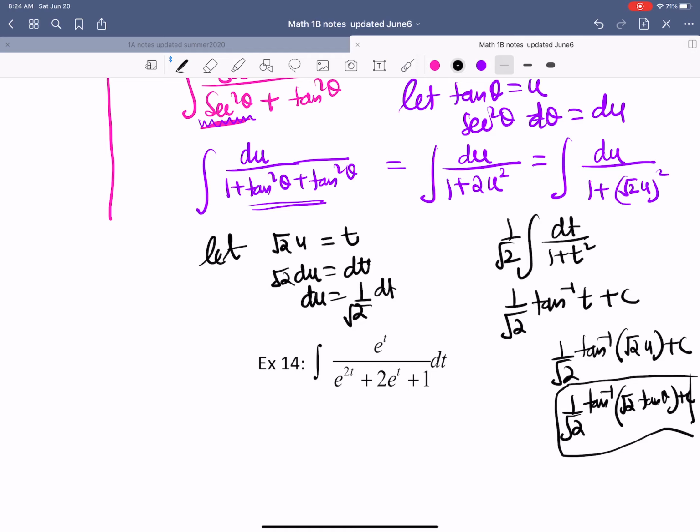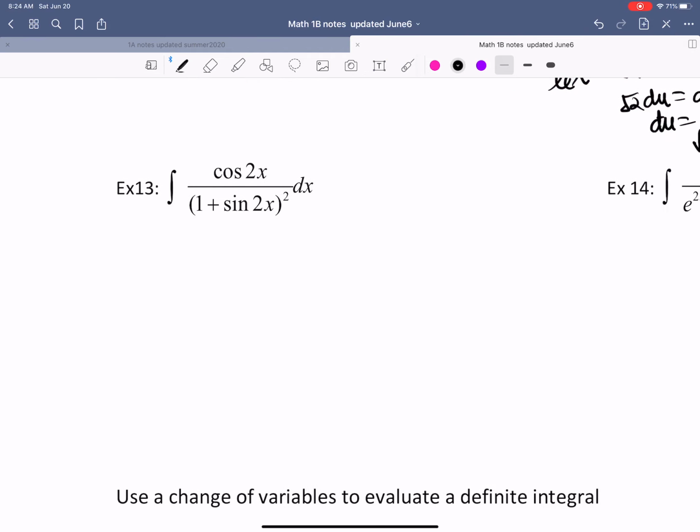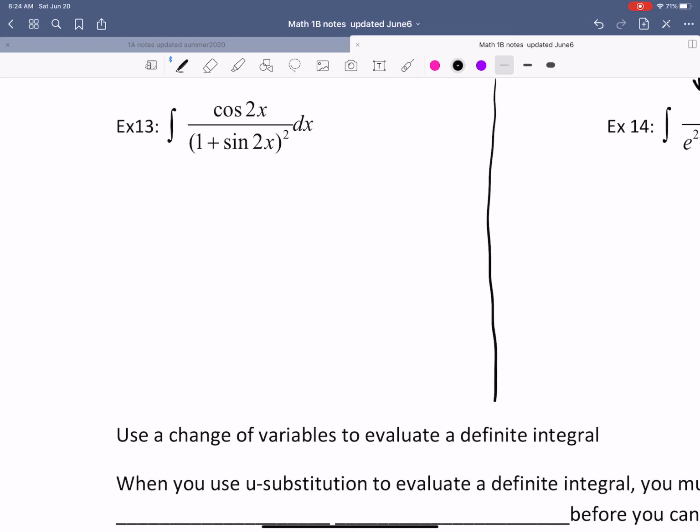Okay. Next example, we have cos 2x over 1 plus sine 2x squared. In this case, I'm going to let 1 plus sine 2x be the u. If I let 1 plus sine 2x be u, then I have 2 cosine 2x dx be du. I already have cosine 2x there, so I can say cosine 2x dx is du divided by 2, or half of du.